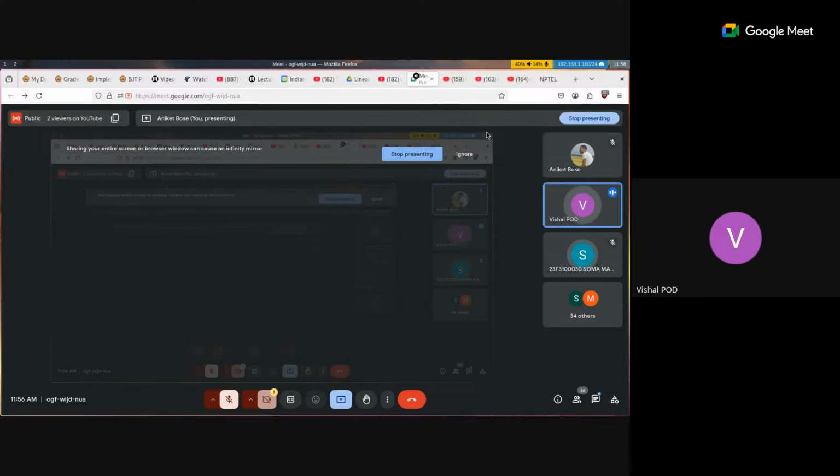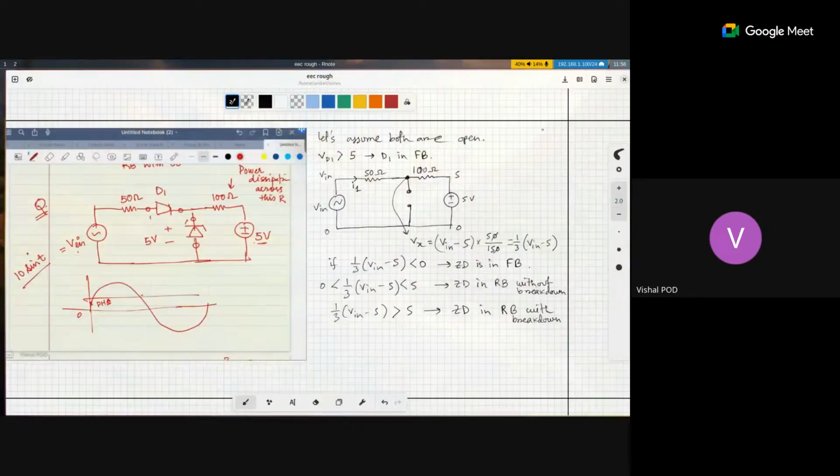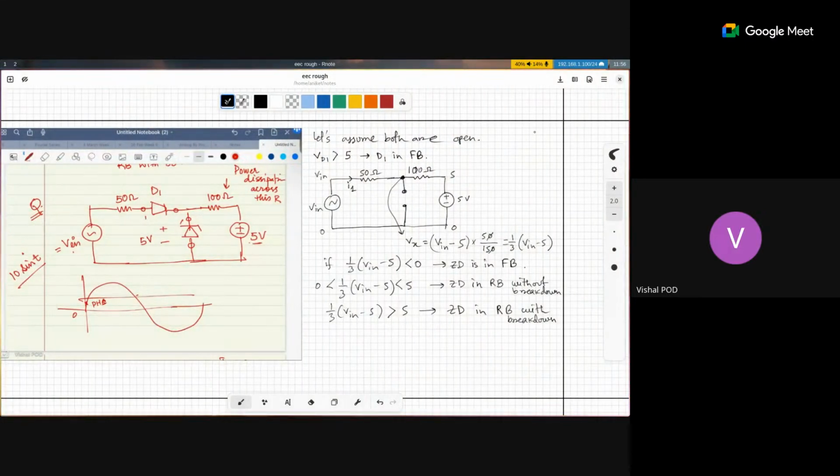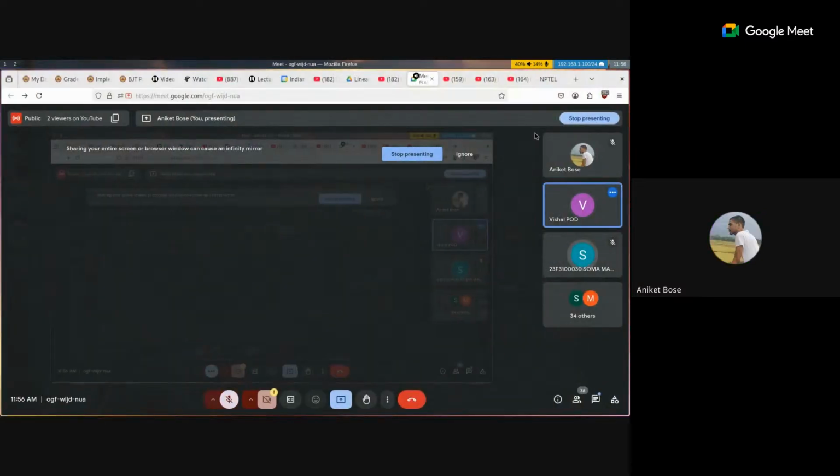Okay, so first check the positive half cycle itself, for case one, when the V input is less than 5 volt. When V input is less than 5 volt, the first diode will be off, right? Yes, sir. What about the Zener diode? Just write it. For V input less than 5, I haven't calculated that.